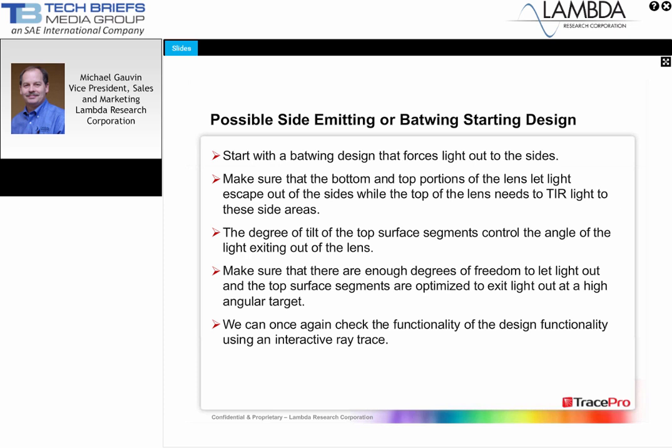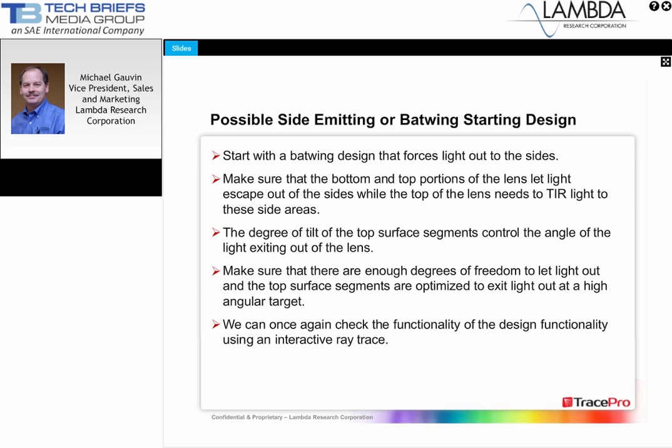So in terms of looking at what a batwing starting design would have, we've got to force light out the sides. We have to make sure that the bottom and top portions of the lens let light escape out the sides, while the top TIRs the light to those side areas. And we have to let the bottom let the light through into those areas. The degree of tilt of the top surface segments should control the angle of the light exiting the lens.